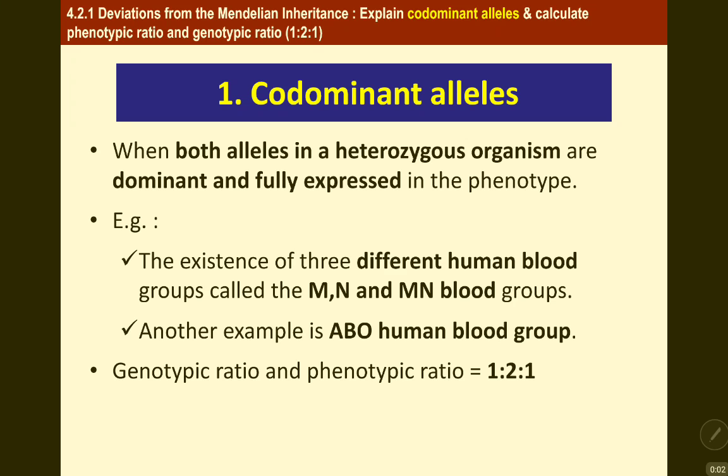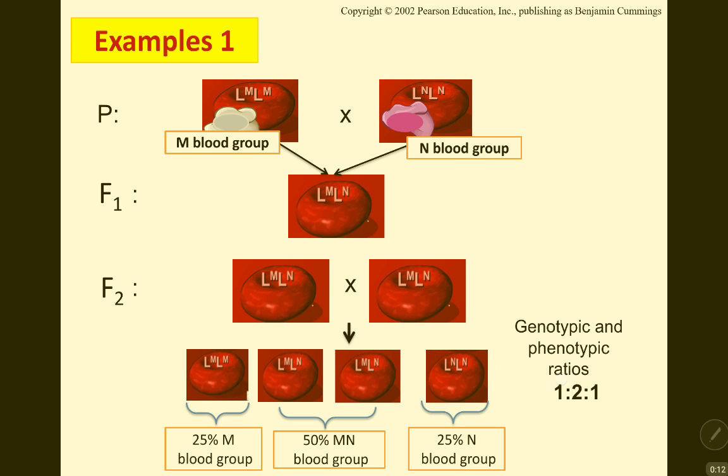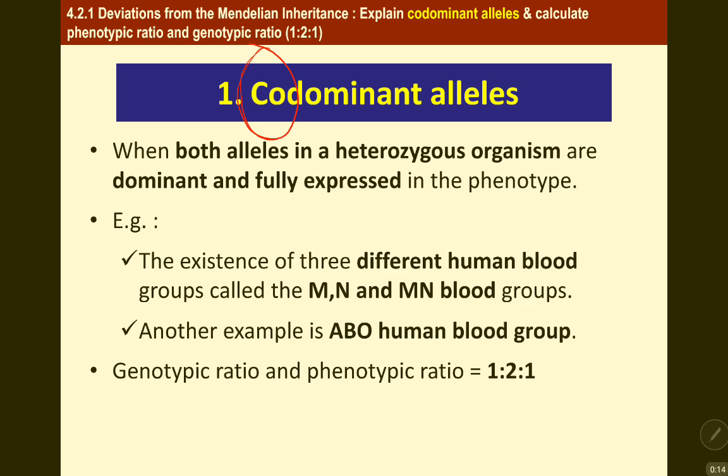Okay, so another type of deviation from Mendelian law is called codominant allele. So co here means same. Now both of the alleles here are the same, dominant, same powerful.